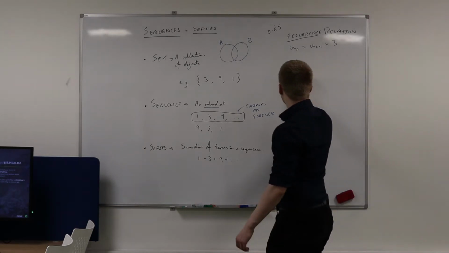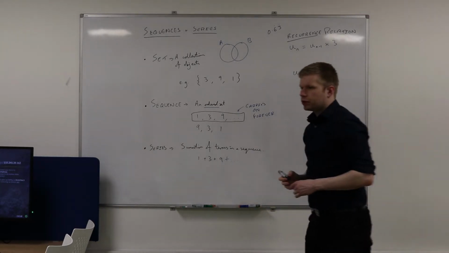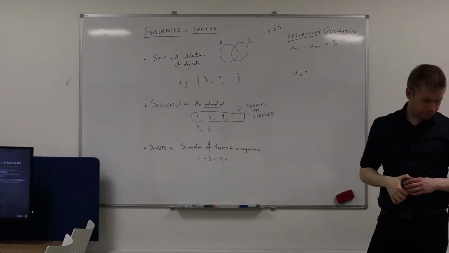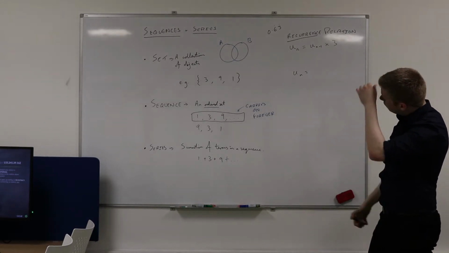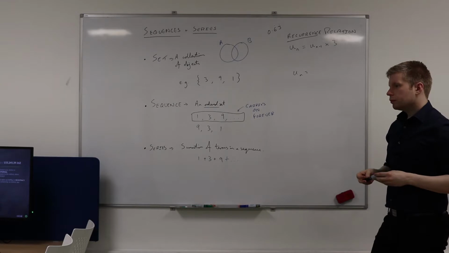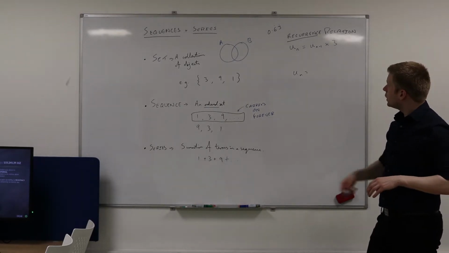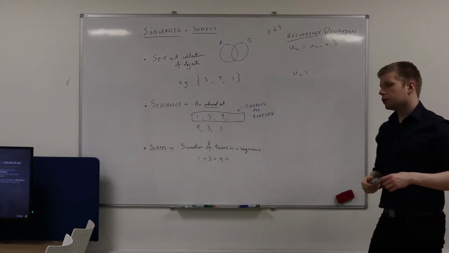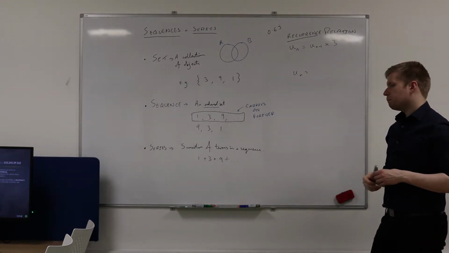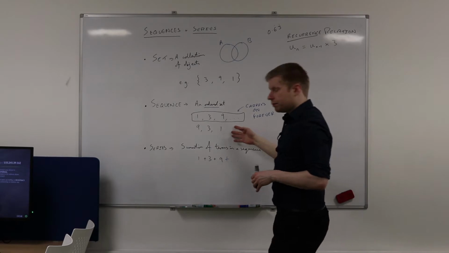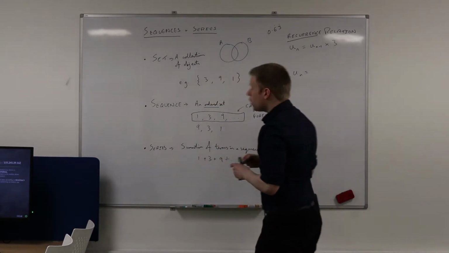So how else could I write un? How else could I describe this sequence? If I didn't want to use previous terms in the sequence, could I do it? Let's look at the pattern. In fact, let me write a few more terms out here.